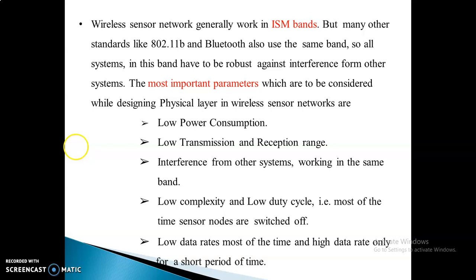Moreover, the physical layer design considerations are: low power consumption, low transmission and reception range, less interference from other systems, low complexity, and low duty cycle, meaning most of the time sensor nodes are switched off, with low data rate most of the time and high data rate only for a short period of time.